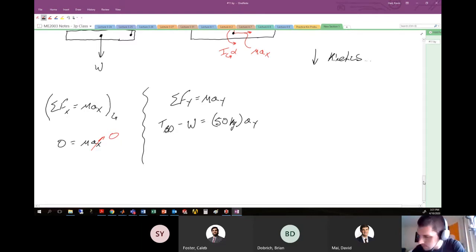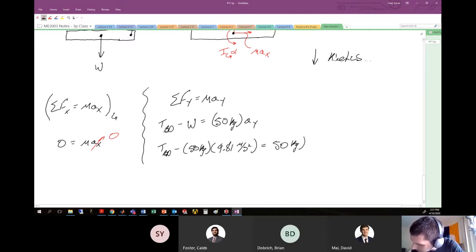So tension in BD minus the weight, 50 kilograms times 9.81 meters per second squared, equals 50 kilograms times the acceleration in y.